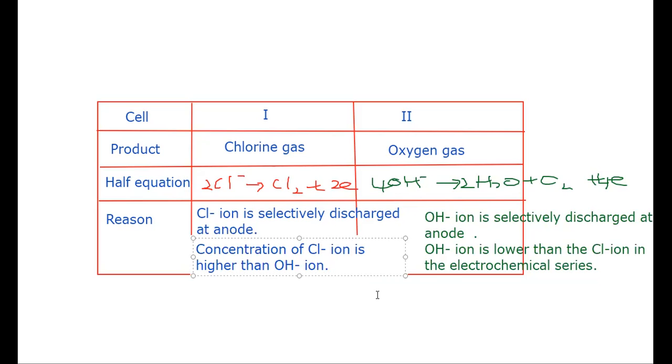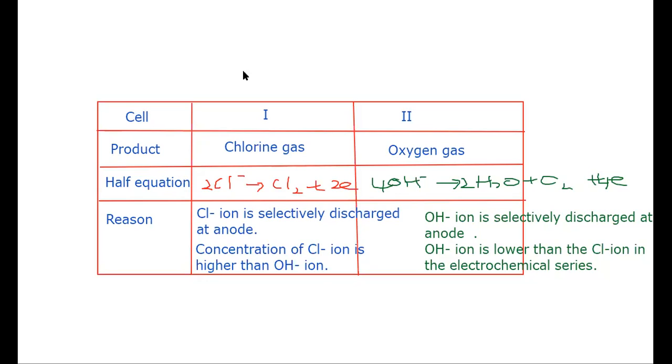Okay, please no telling that the solution is a concentrated solution and there is halide ion. No, you have to straight away directly tell that the concentration of the chloride ion is higher than the hydroxide ion. Okay, now please take note.